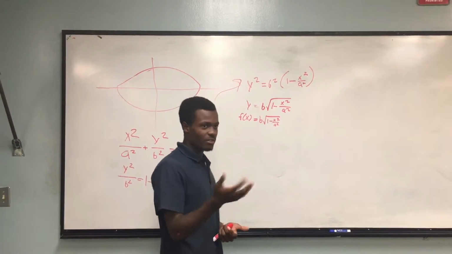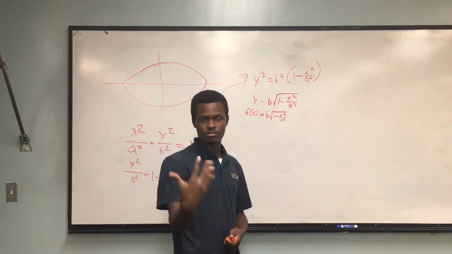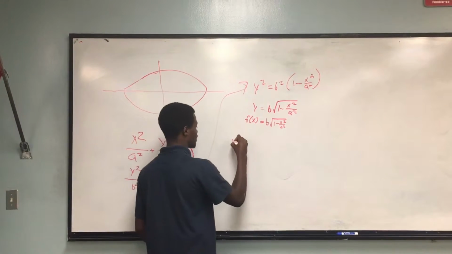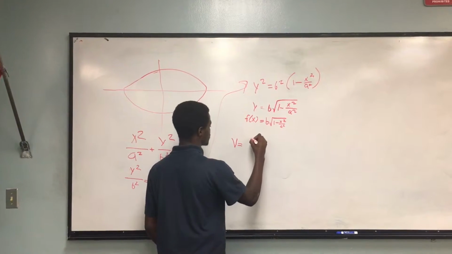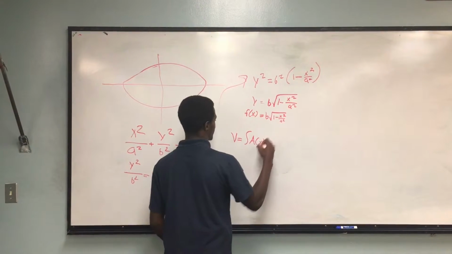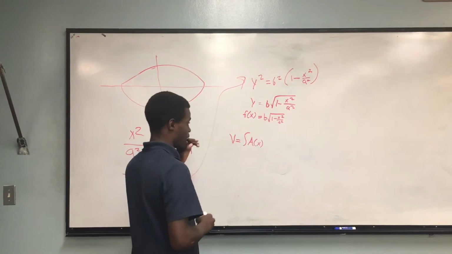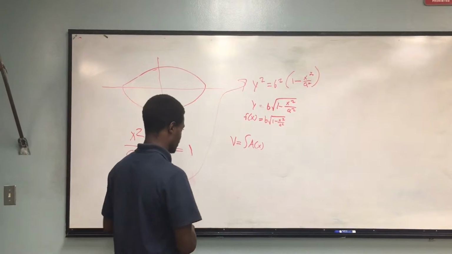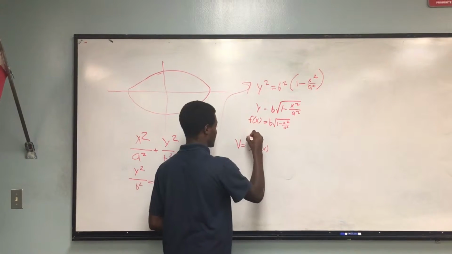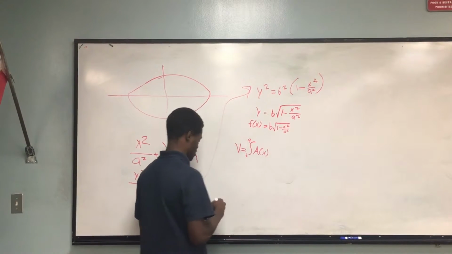Now, to find the volume of this football, there's a special formula. This formula is V is equal to the integral of A of x, and don't forget your intervals from a to b.